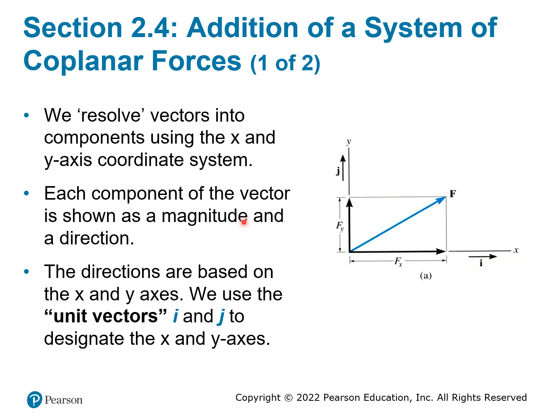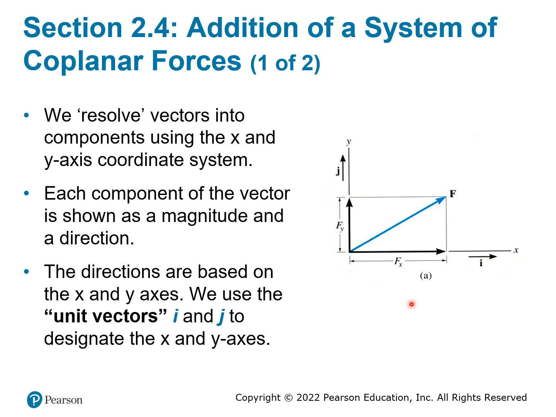Each component of the vector will have only a magnitude and a direction associated with it. And how do we represent the direction? We can use a small i to represent direction in the x-axis, and j to represent the direction in the y-axis.